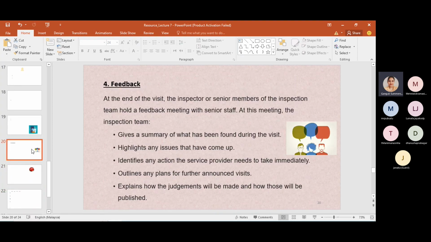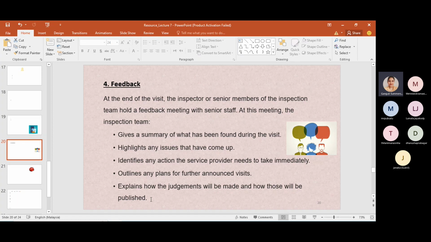Okay, so at the end of the inspection process, the inspection team will hand over a report to you. This report is called the inspection report. This report contains all the information about the inspection process: what the findings are, and what the immediate actions are that you should take.